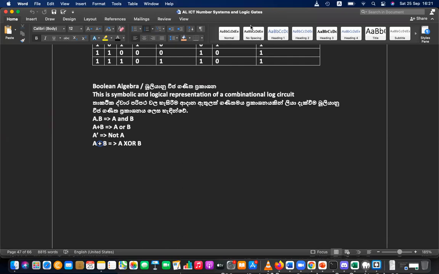For the OR gate, if you can remember, we just use A plus B. If A is an input and B is an input, we use A plus B for the OR gate, and A dot B for the AND gate.